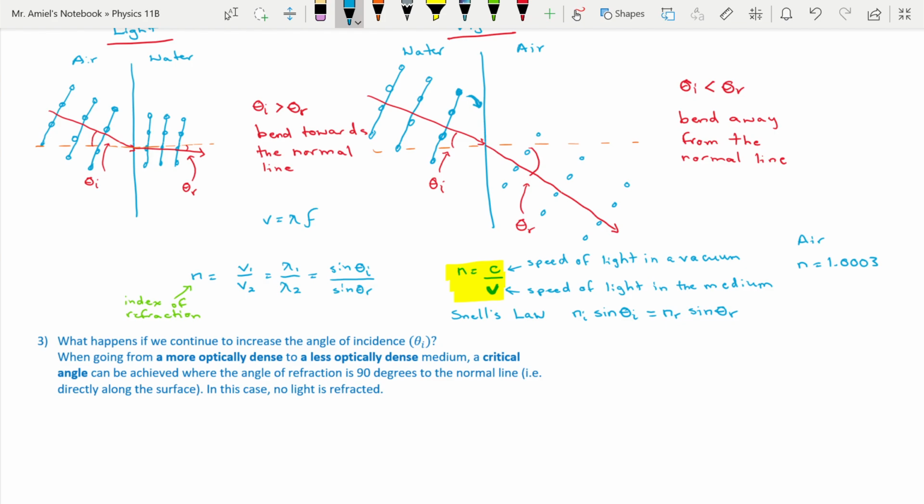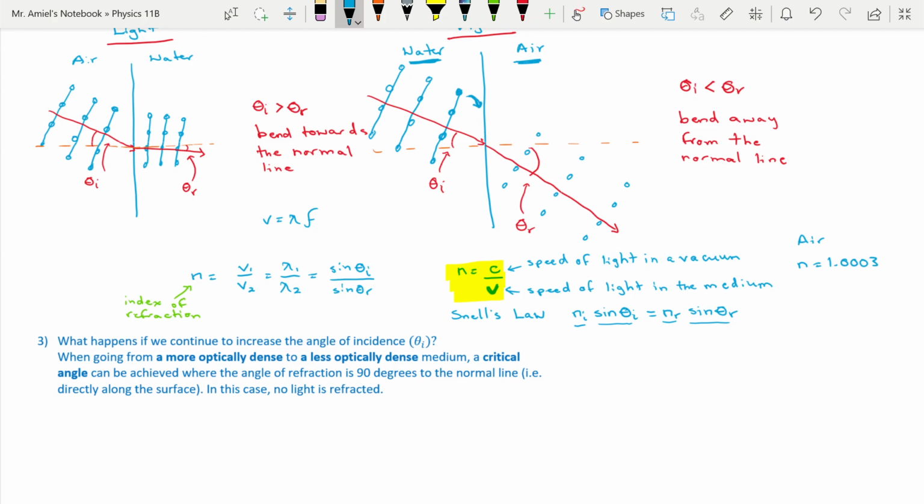And again, here we'll be given three of the values and we'll be asked to isolate either one of the indices of refraction, or the angle of incidence, or the angle of refraction.